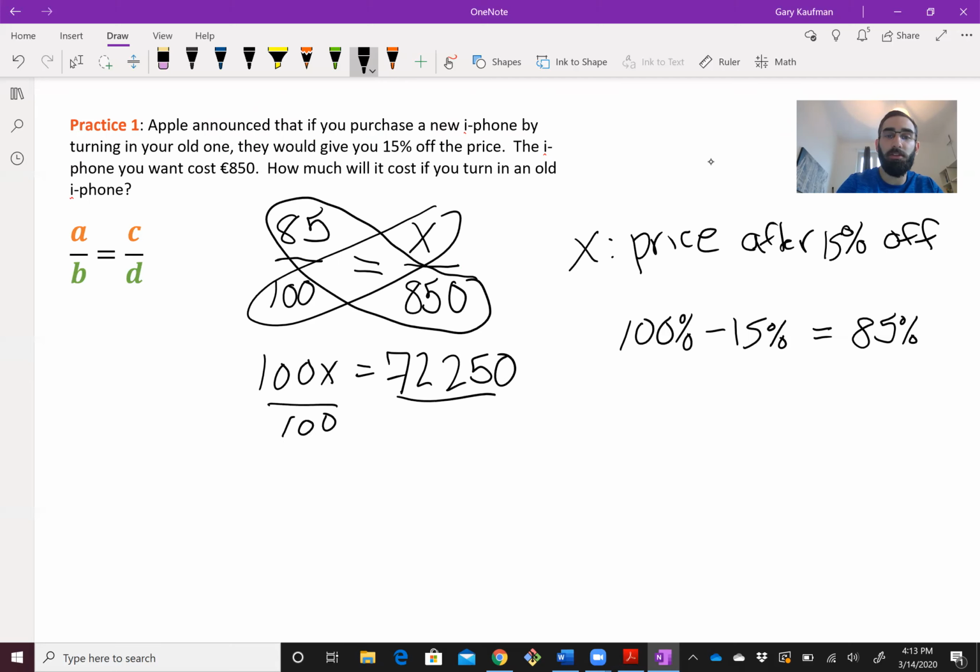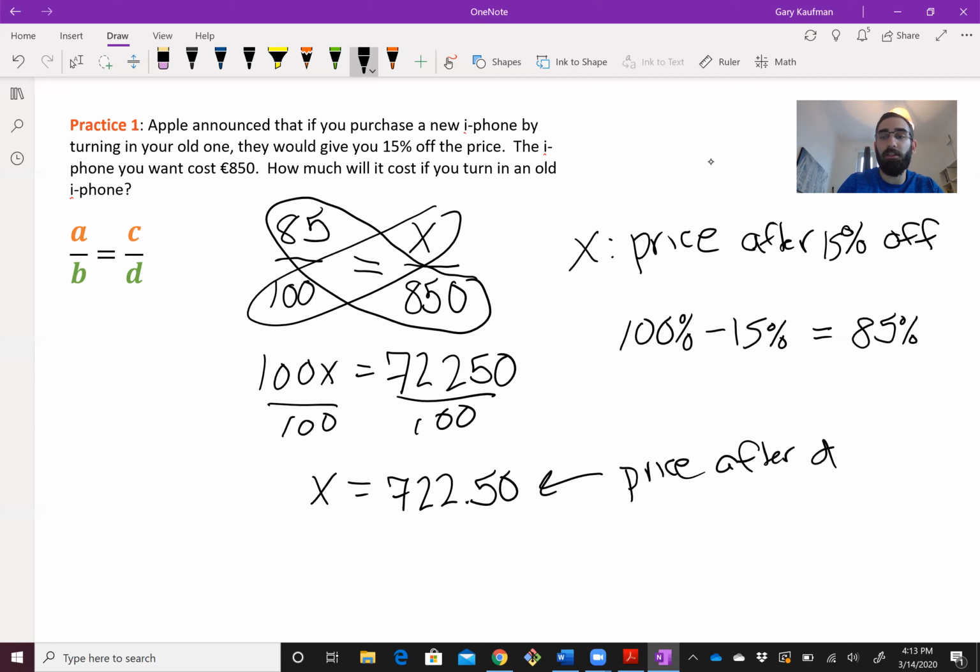Divide by 100, divide by 100. X equals 722.50. So that's the price after discount for the iPhone. Again, I cannot stress the importance: this and this must match.